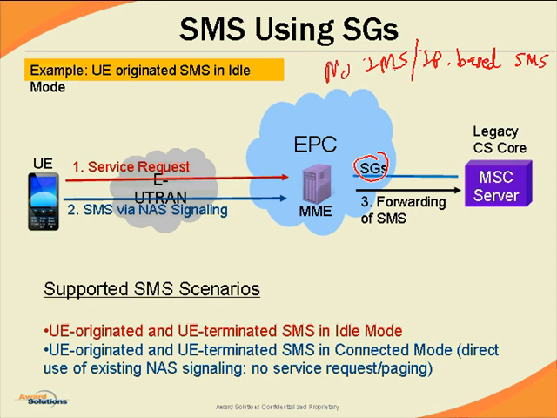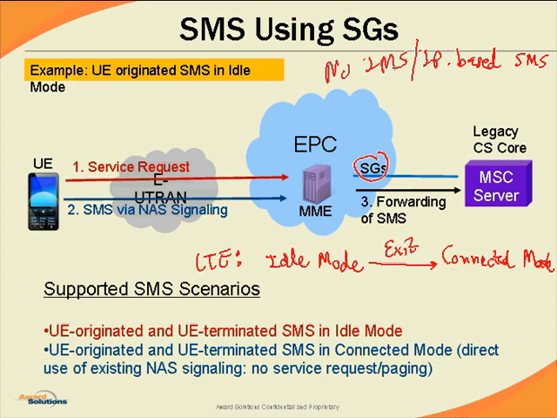So if the UE is in the idle mode, it has to exit idle mode and enter the connected mode. That is a requirement. So this LTE UE needs to get out of idle.